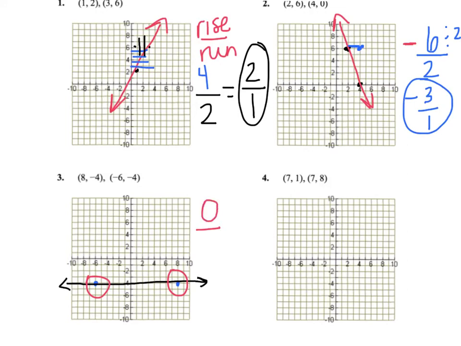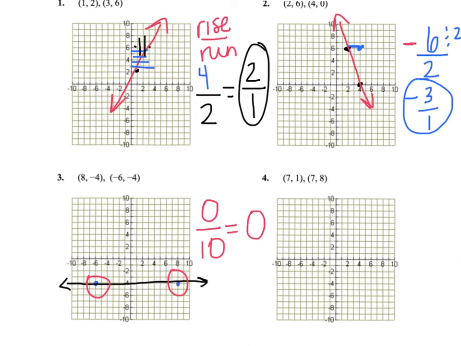You should go up 0 spaces. And how many spaces do I need to go over? Well, I'll need to go over 6 plus 4, which is 10. So 0 divided by 10 is going to give us that 0 slope. So our slope here was 0.